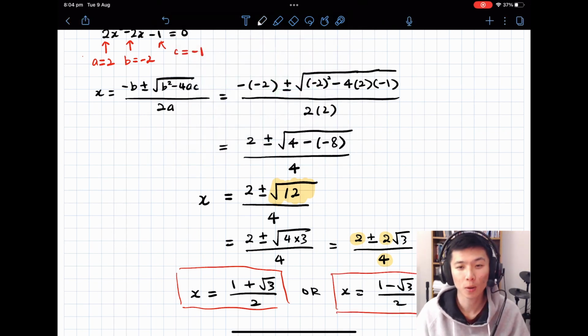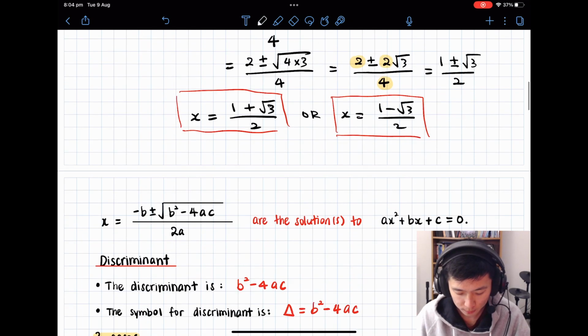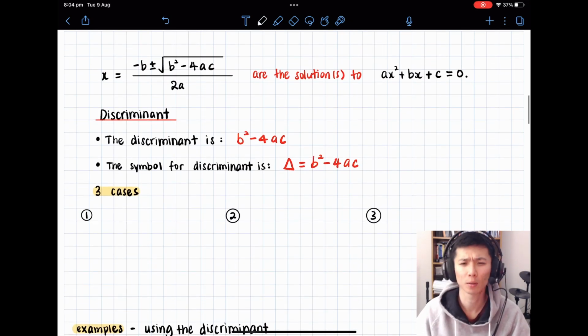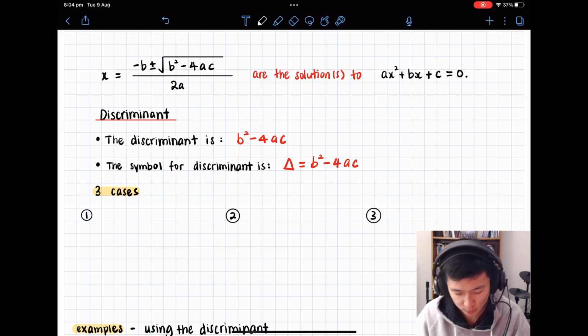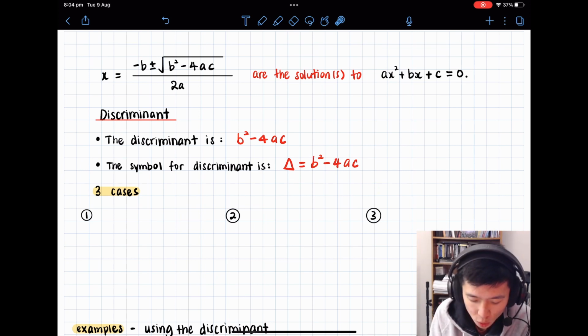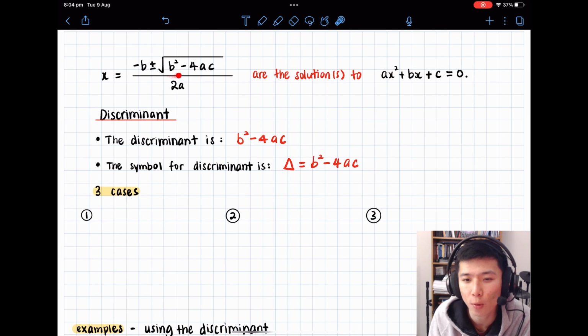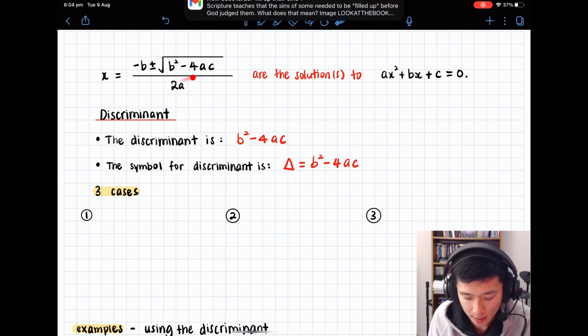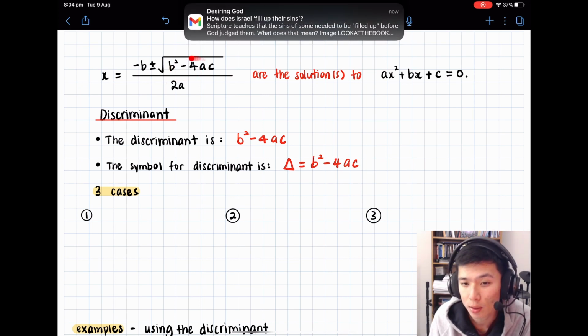Now let's quickly talk about the discriminant. You're like, sir, wait, there's more? Yes, there is more. As we've been working with the quadratic formula, hopefully you've noticed that there is this square root inside it. And inside the square root is b squared minus 4ac.